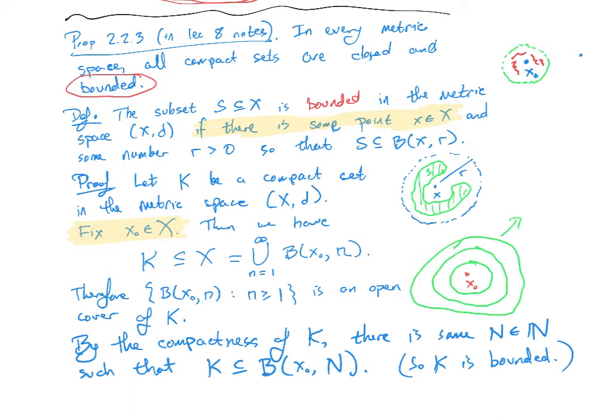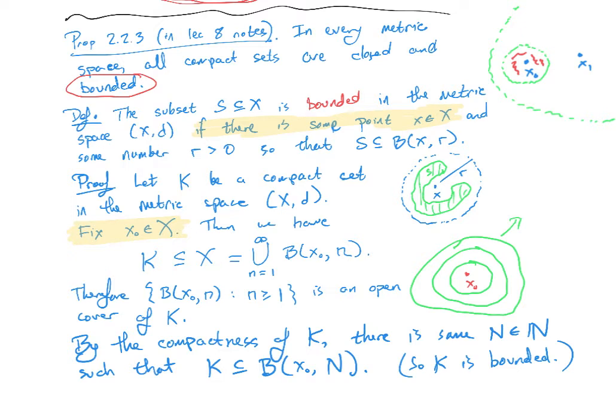Here's the other center you want to use. Let's call it x1. Well, just pick a larger circle that encloses the old circle, and then you're good. So in the definition of bounded, it doesn't matter what your center is. The bounded sets don't change.